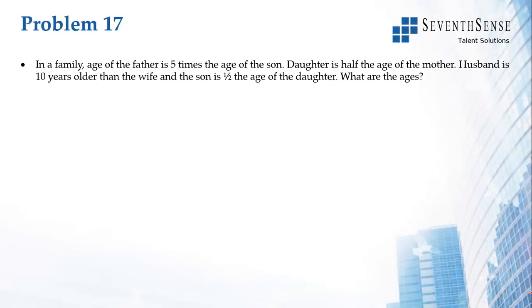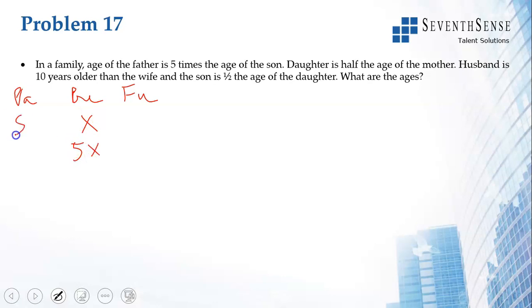In a family, age of the father is 5 times the age of the son, past, present and future. Age of the father is 5 times, so son, if he is x, father is 5x. Daughter is half the age of the mother, husband is 10 years older than the wife.